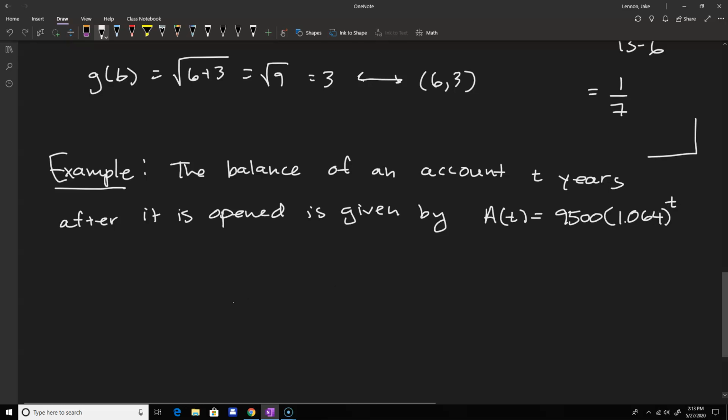So as you recall, this is an exponential function with initial investment $9,500 and the base is 1.064, which indicates that there's 6.4% increase for each unit time step.